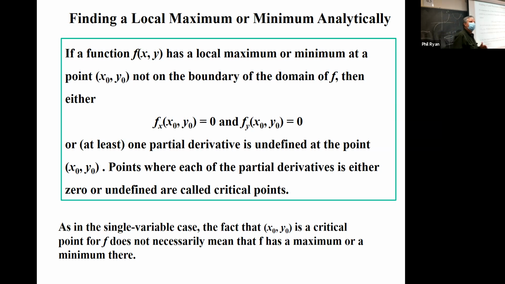It's kind of like a mountain pass. There are mountains on either side of us, and we come up here, we go up, and then we go down. So in this direction, it's a maximum. In this direction, it's a minimum. But when we consider it as a whole, it's neither a maximum nor a minimum.